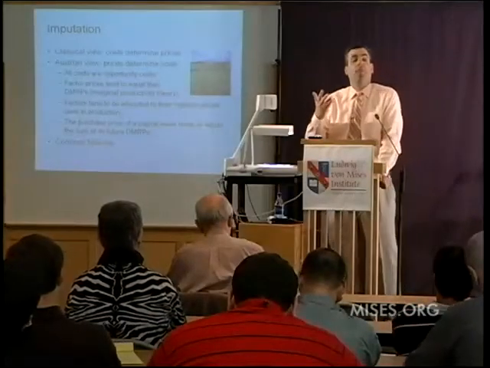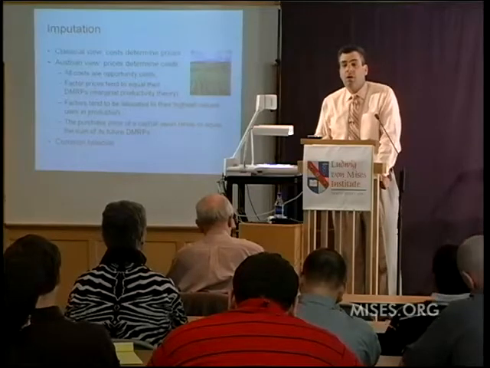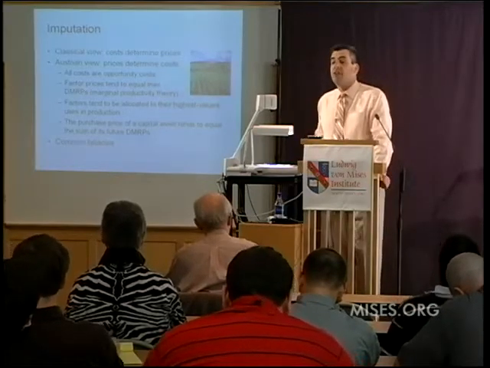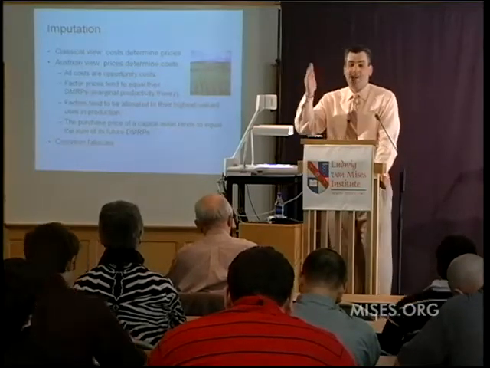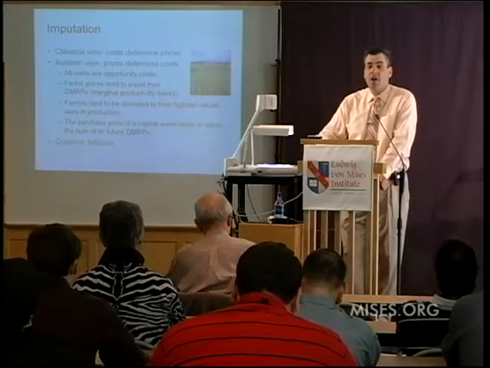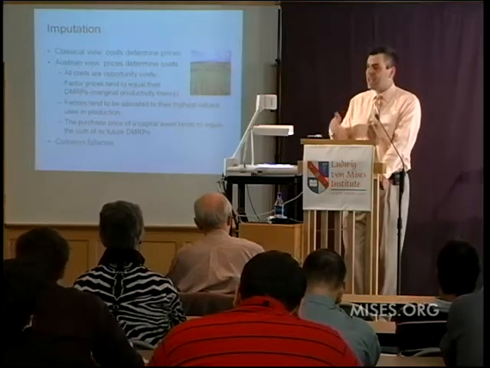Well, it's determined by the value of various goods and services that can be produced from those factors. So imagine that this land can also be used for tourism. Let's say that you could build very fancy hotels on this land and you could rent out the rooms at a very, very high price. Well, then the cost of using this land to grow grapes for champagne is the utility or value forgone by not having these luxury hotels.